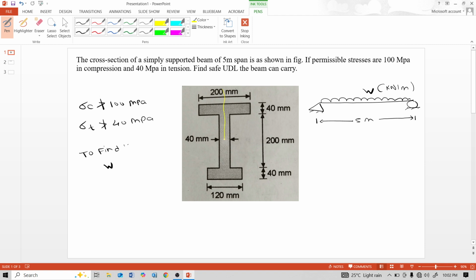This yellow vertical line is the y axis, and the right side and left side of the y axis are both symmetrical. But about the x axis, this section is not symmetric. Above the x axis and below the x axis are not symmetrical. The top flange width is bigger, 200 mm, and the bottom flange width is smaller, 120 mm.